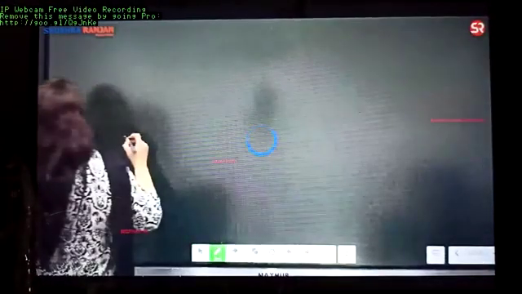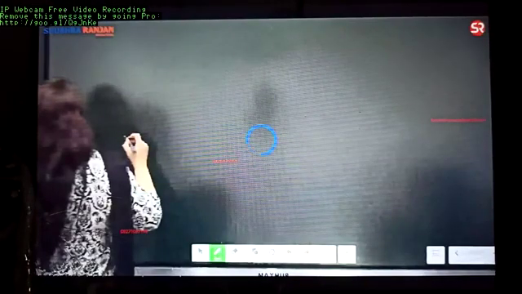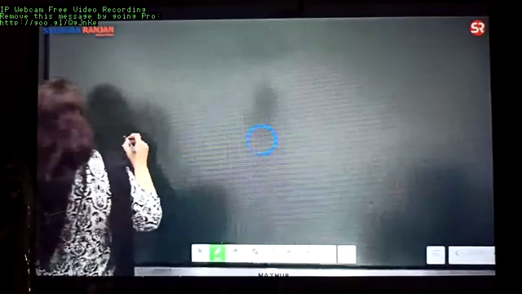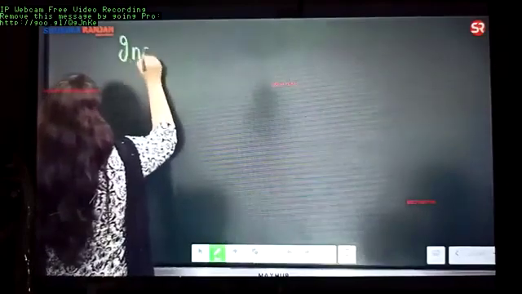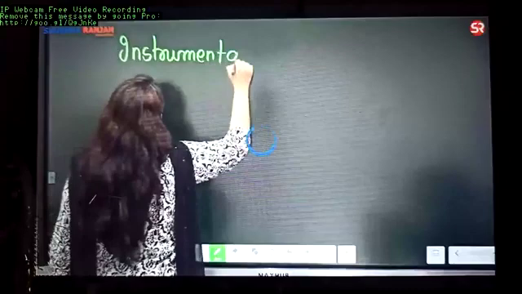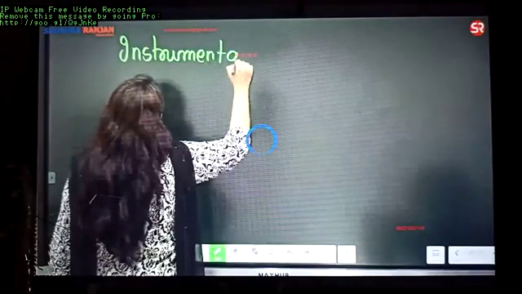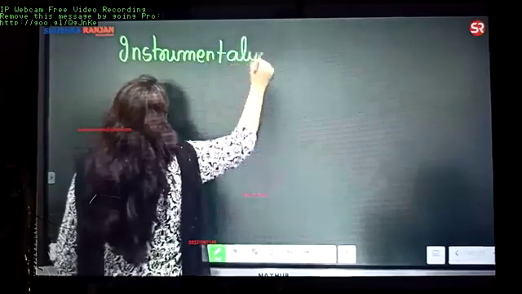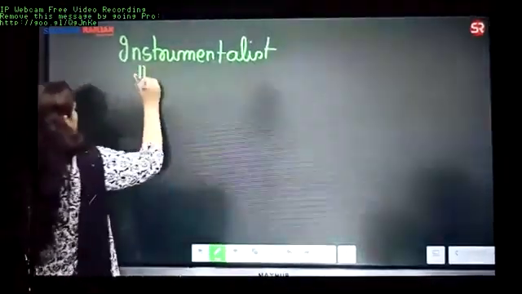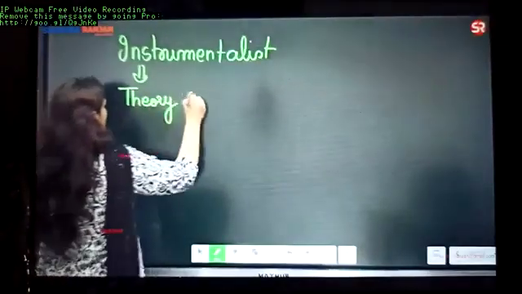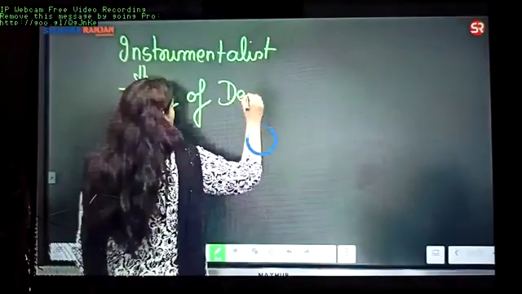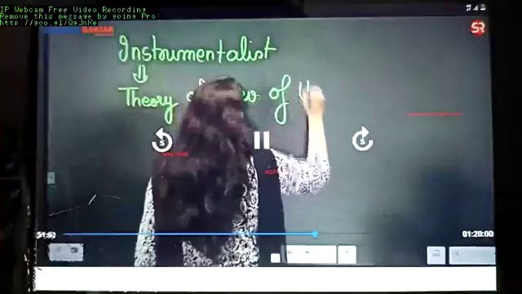So this instrumentalist theory is influenced by Lenin's theory of imperialism and is called the theory of development of underdevelopment.